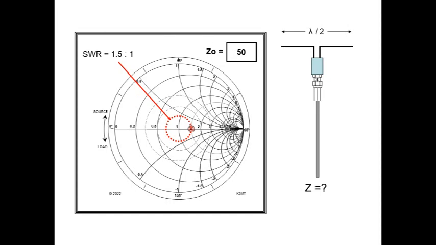These center circles are circles of standing wave ratio. This one has SWR equals 1.5 to 1. The two circles Mike drew are at SWR equals 2 to 1, and SWR equals 3 to 1.